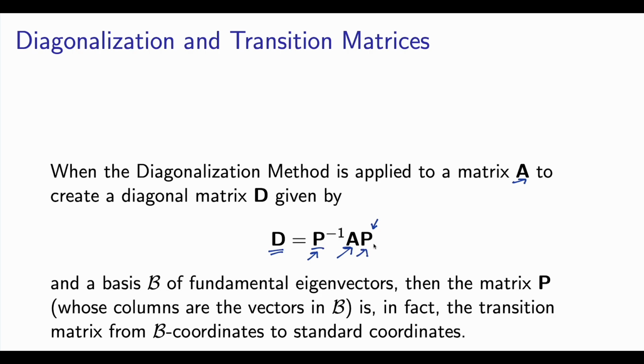As P is non-singular, P inverse exists, and with a basis of fundamental eigenvectors, the matrix P is in fact the transition matrix from B coordinates to the standard coordinates, right? So this is another result, and diagonalization is very useful in many fields.